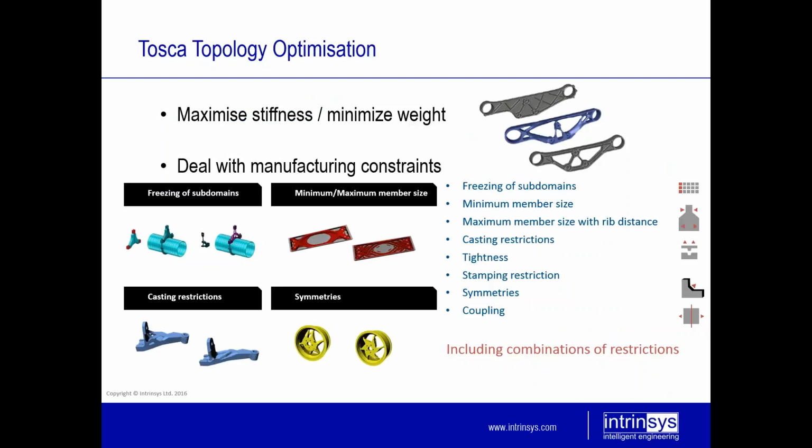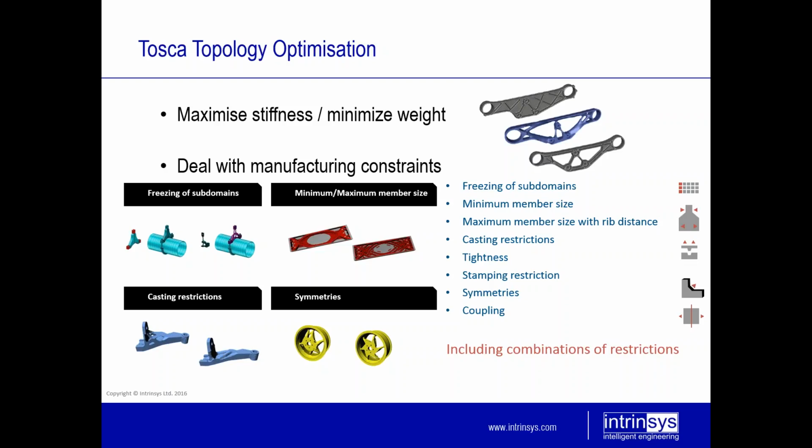And to finish, Tosca can deal with topology optimization. Topology optimization is mainly to maximize the stiffness while reducing the weight. Tosca can also deal with manufacturing constraints, such as freezing the subdomains, minimizing the member size, or maximizing the member size of a rib distance.